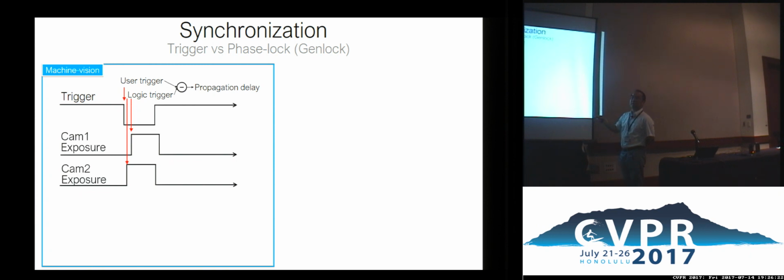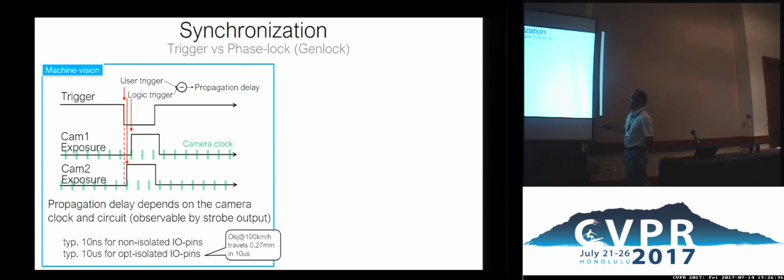The difference is that the cameras run at their own clock. That means the camera starts exposure right after their next clock, right? So this is a difficult point. And this delay should be somehow 10 microseconds. This totally depends on your application. So if this is OK, super fine, right?